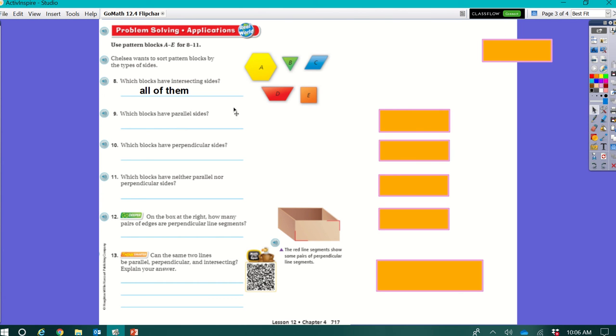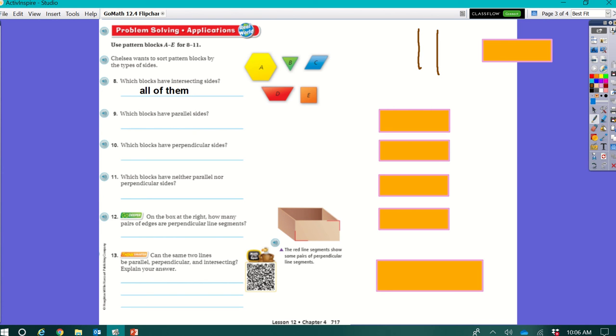And I'm going to look at number 9. It says, which blocks have parallel sides? Well, we know that parallel sides, just like in the word parallel, the 2 L's are parallel. They are the same distance apart from each other, and they're going in the same direction. They will never cross.